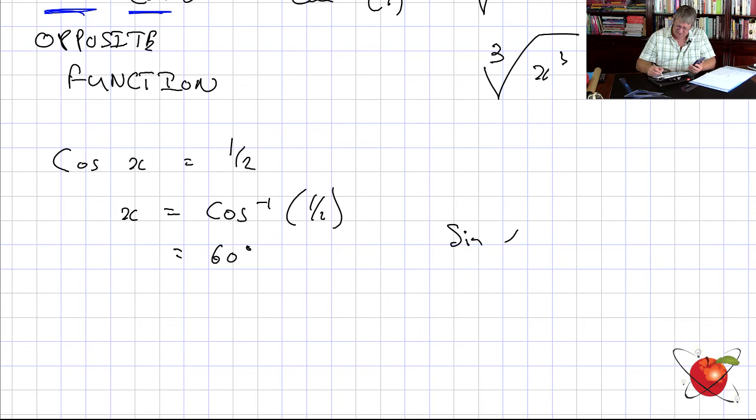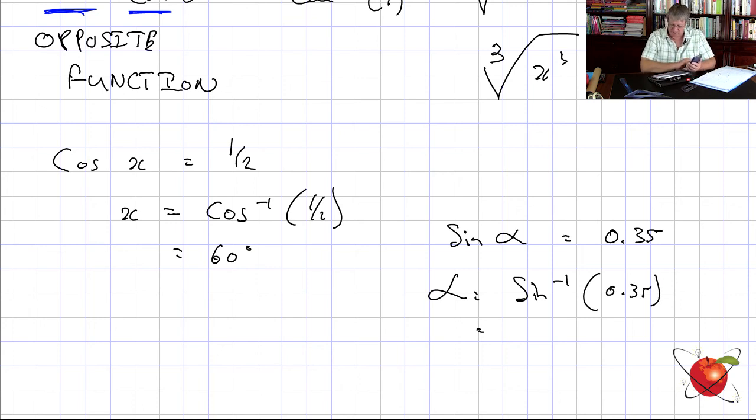Let's do this one. Sine of alpha is equal to 0.35. Therefore, alpha must be equal to the opposite of that, sine to the minus 1 of 0.35. It's arc sine: shift sine, 0.35, equals 20.48, okay, 20.49 degrees actually. Let's look at this one again. Let's do a tan.